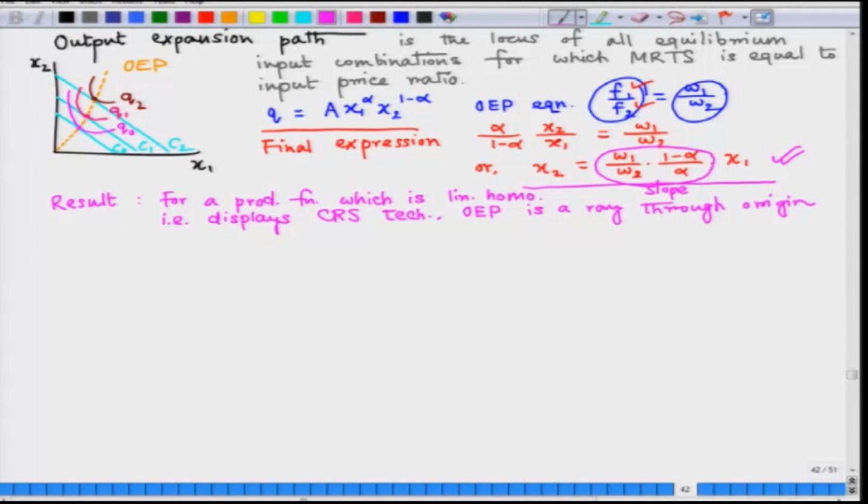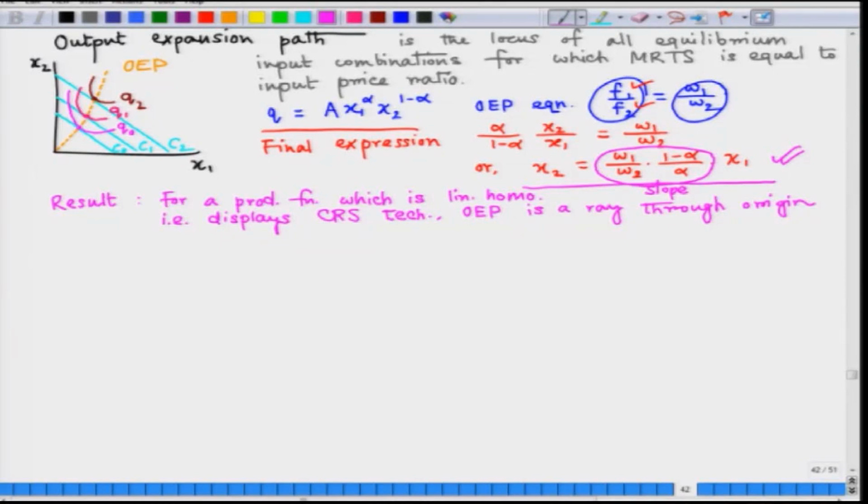So, this result has interesting implication. If you know the type of your production technology and if it is CRS, then you know that you can expand the scale of production via a straight line through origin.